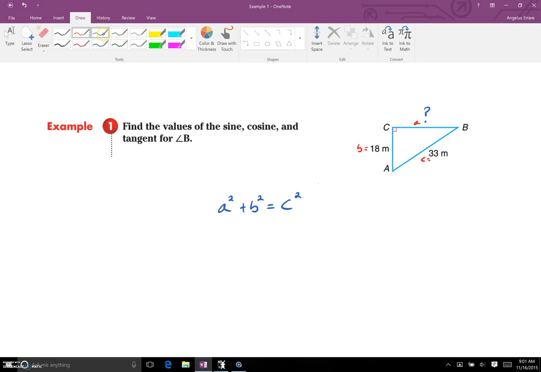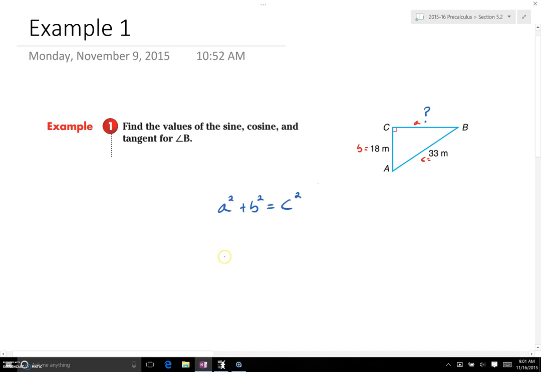So putting the information into Pythagorean's theorem, we'll get a squared plus 18 meters squared equals 33 meters, the quantity squared. And then we can go ahead and use a calculator. We'll solve this a little bit. So we'll get a squared equals 33 meters, the quantity squared, minus 18 meters, the quantity squared.